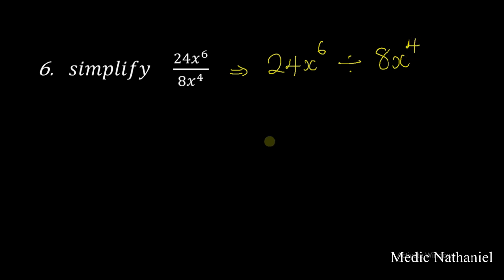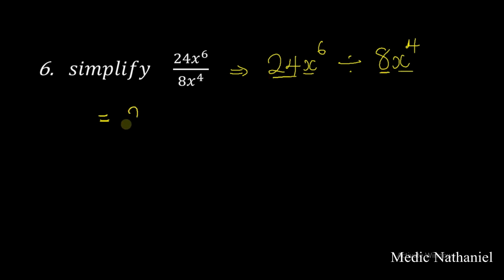Just as we've been doing before, the first thing you will do is identify the number and identify the index number in each expression. In this very particular expression, 24 is the number, x raised to the power of 6 is the index number. In this other expression, 8 is the ordinary number, while x raised to the power of 4 is the index number. So I want to use this number to divide this ordinary number.